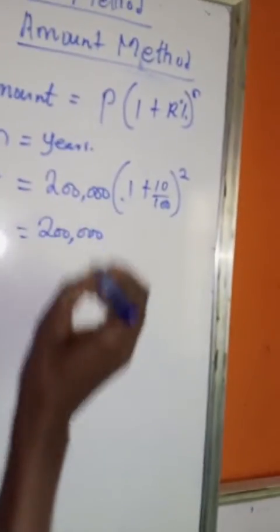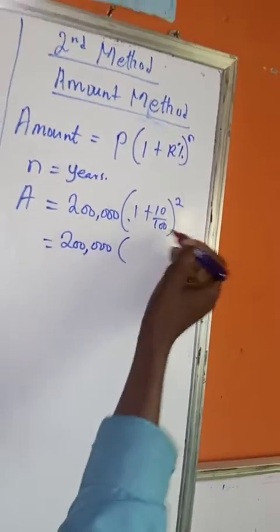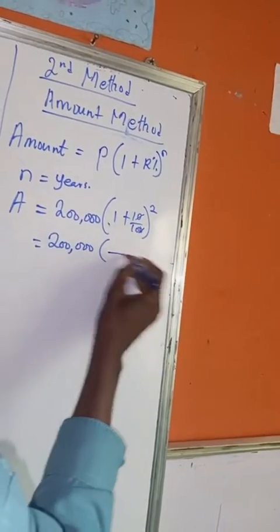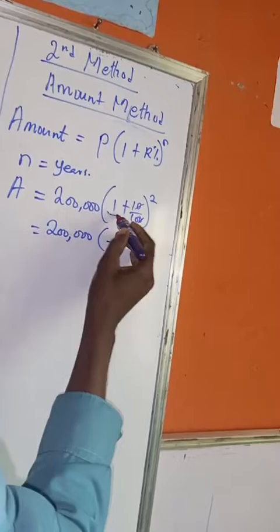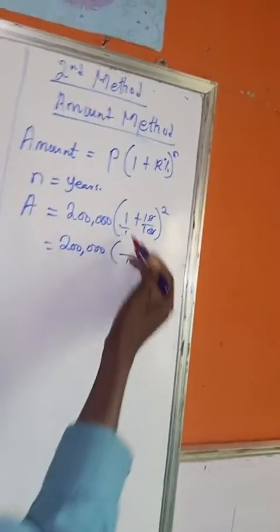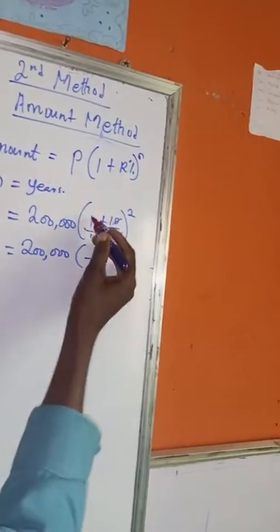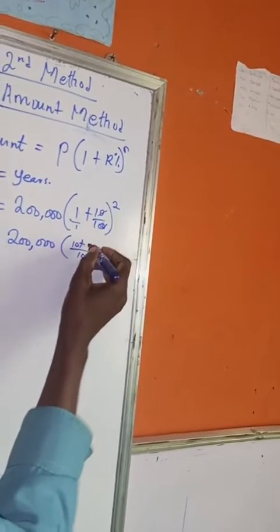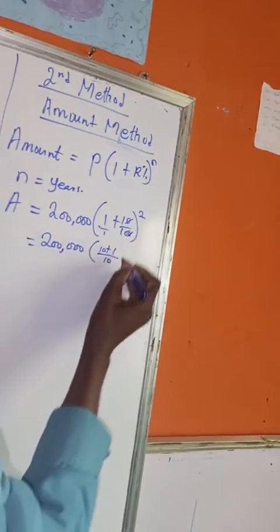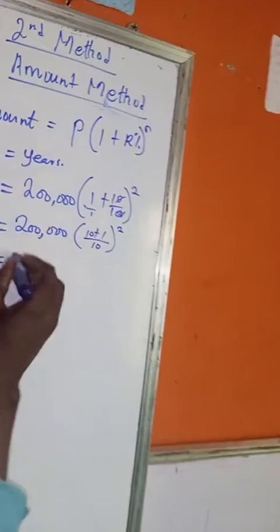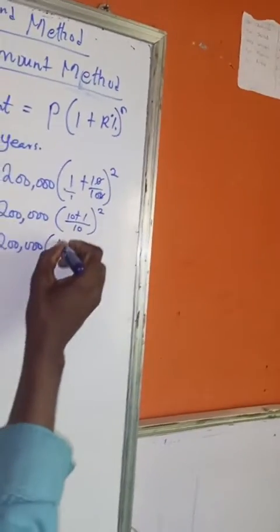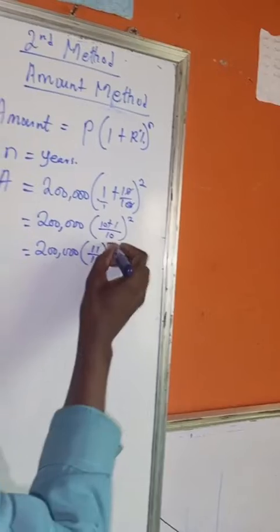So 200,000, this 0 cancels 0, it will be 1 over 10. If I look for the LCM, this one is over 1. 1 times 10 is 10, 10 plus 1 is 11. So this will give me 200,000 times 11 over 10 raised to power 2.